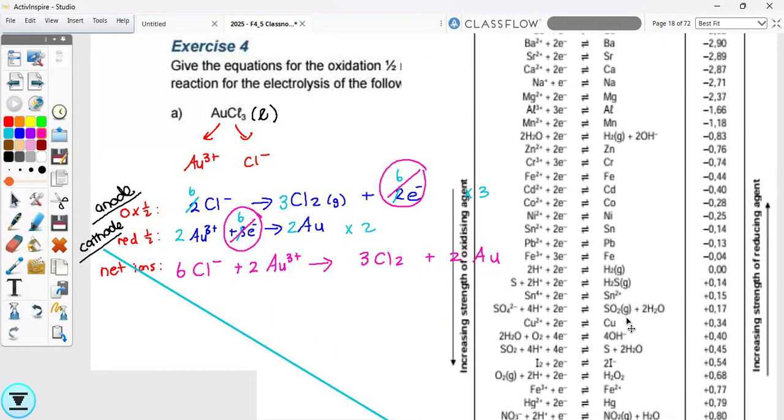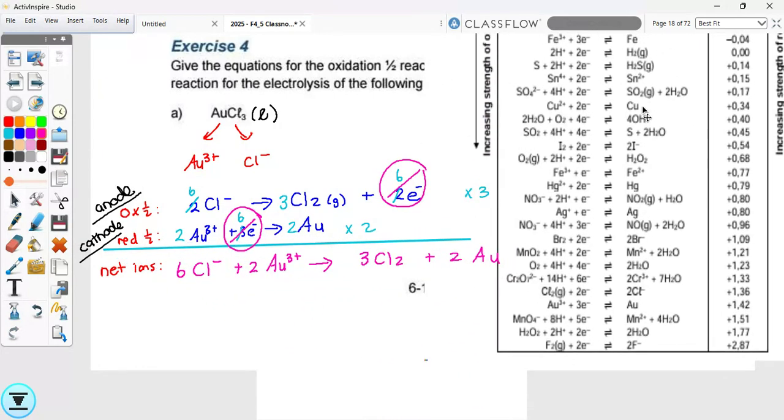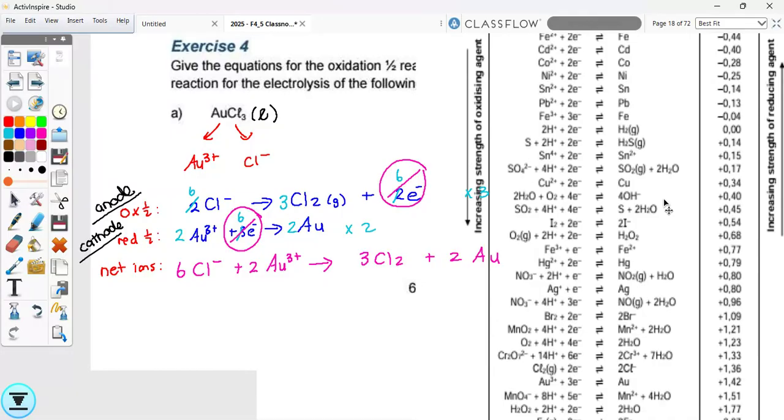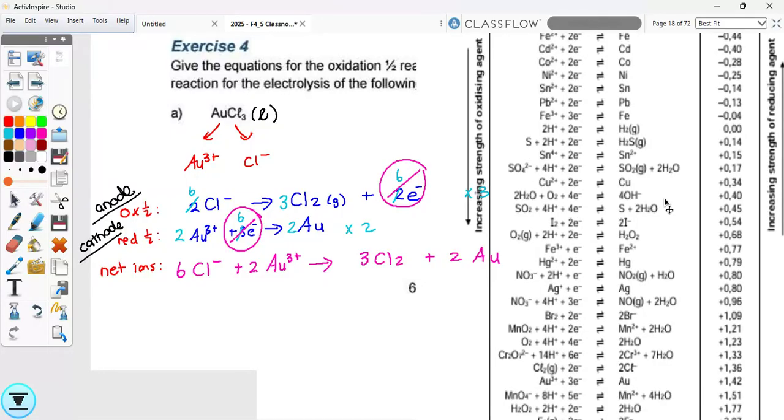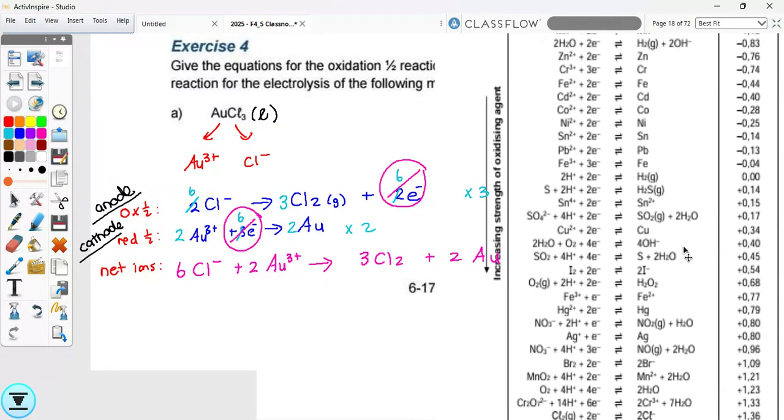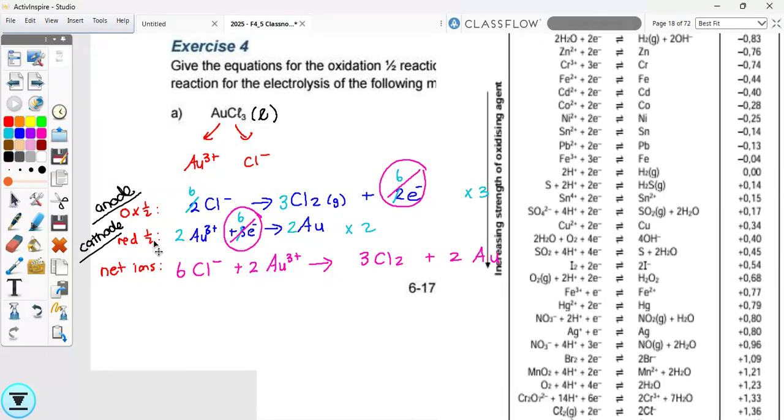So the voltages that they give you is actually the electrical energy that we need. So if we go back to our reaction that we used there for the chlorine and the gold, this was our half reaction there, and that was our other half reaction.